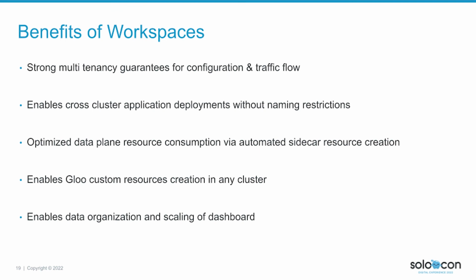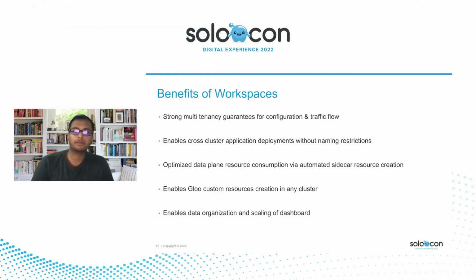Now, as part of this rework and creating this 2.0 product, we also are allowing Gloo Mesh resources to be treated in any cluster. And we have an efficient way of organizing data, using that organization for efficient translation and then scaling of the dashboard, because our whole new version 2.0 dashboard is geared towards showing you objects within these workspaces, whether it's showing you what resources and policies and services you have or your graph.